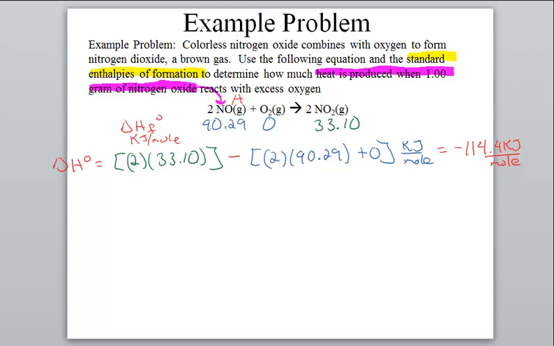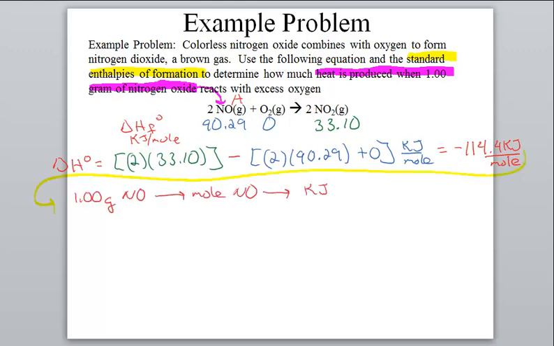I'm going to take it all the way to kilojoules. You can go to any energy unit, it's not specific, but my final answer will be in kilojoules. Using the molar mass of nitrogen oxide, we can get how many moles are reacting, and then using our chemical reaction, we can calculate the amount of kilojoules that's going to be produced.